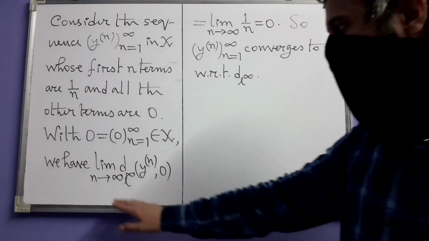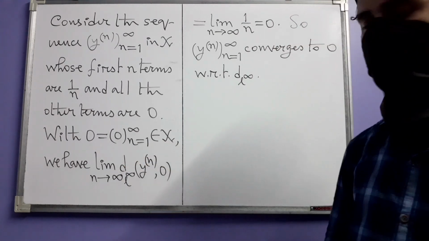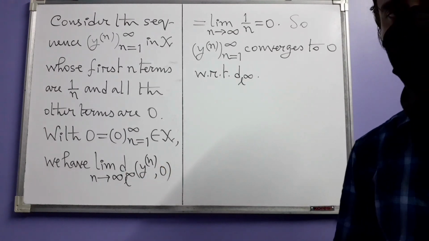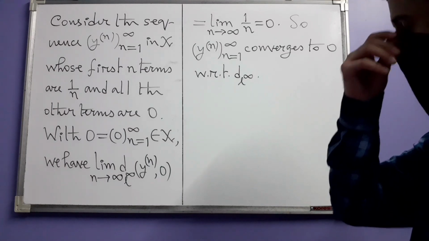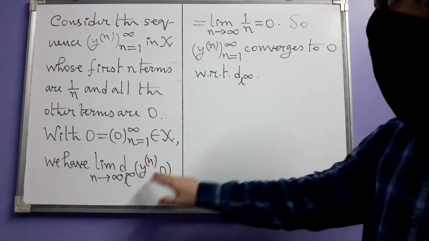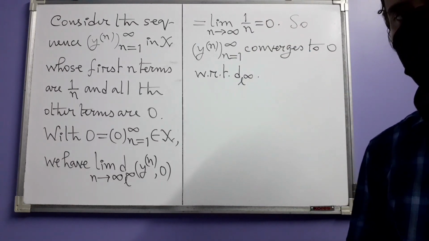And now if we consider the limit of these distances, the dl infinity distance between yn and 0, then what do we get? If you calculate this dl infinity value, you will get 1 divided by n. Why?